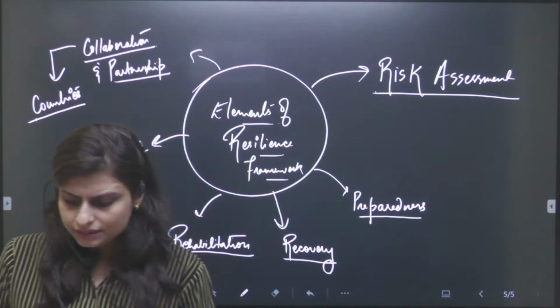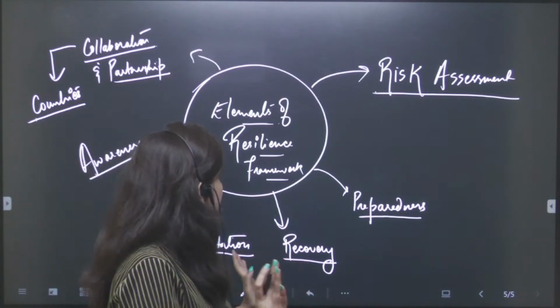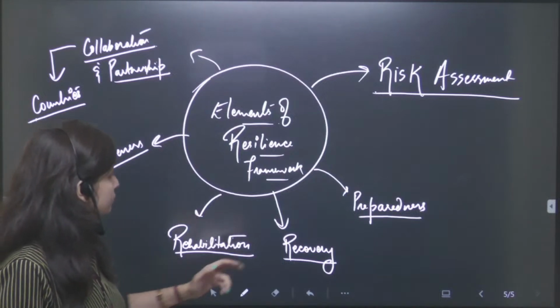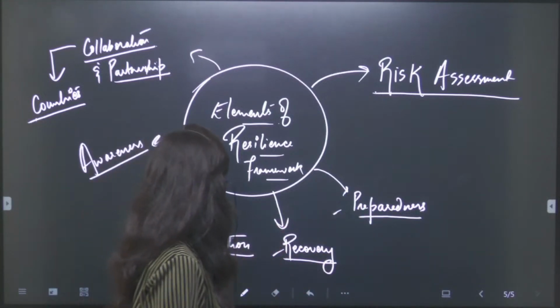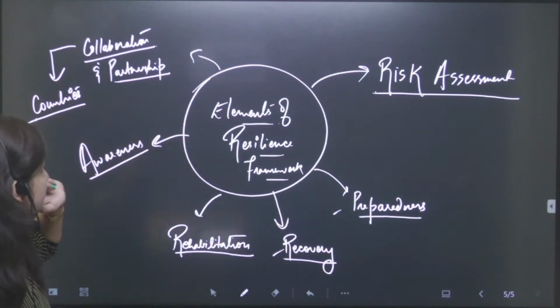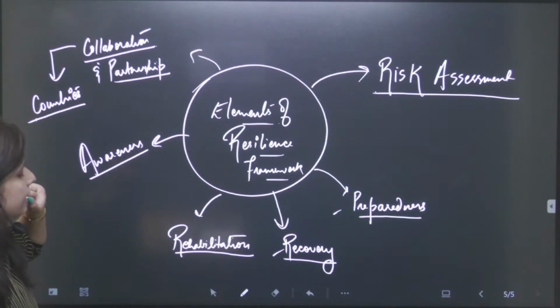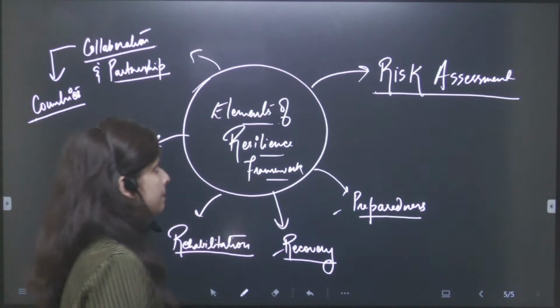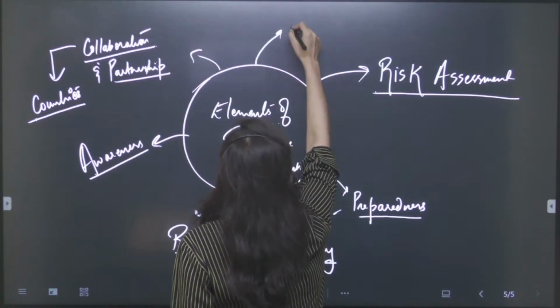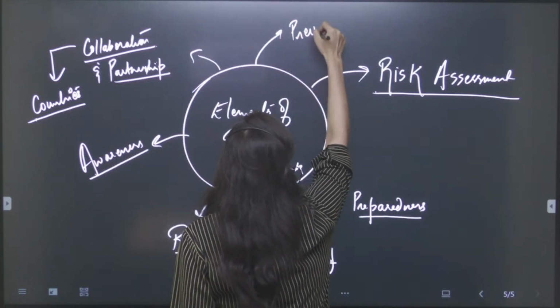Now, other than that, I have told you about risk assessment. We have talked about preparedness, recovery, rehabilitation, awareness, collaboration, and partnership. The next thing we can go for is the plans for prevention and mitigation.